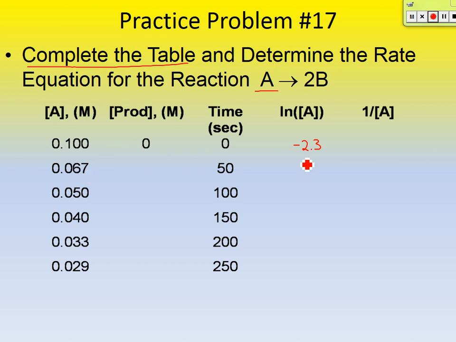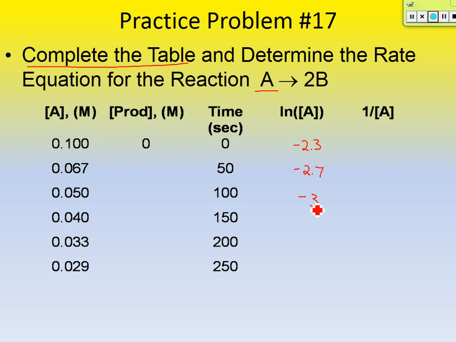Let's take the natural log of that. So the natural log of 0.067 is a negative 2.7. Now for the time point at 100 seconds, the natural log of 0.05, and you get negative 3.